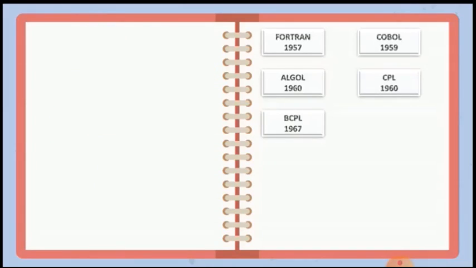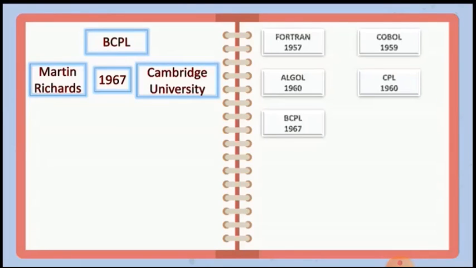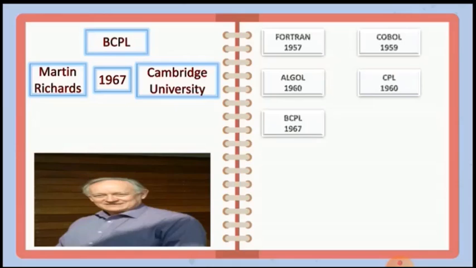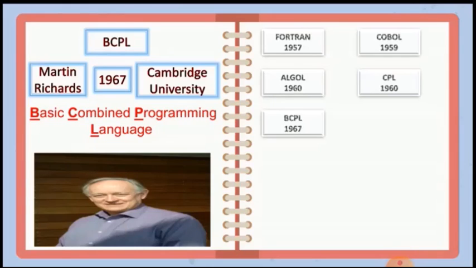So to solve these issues, BCPL was created by Martin Richards in 1967 at University of Cambridge. BCPL stands for Basic Combined Programming Language. It was created to solve difficulties faced in CPL. But even this language came up with issues.